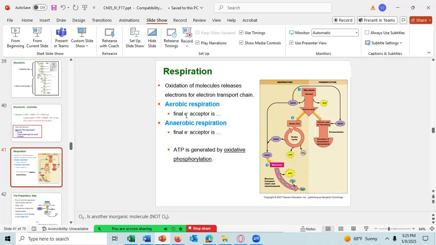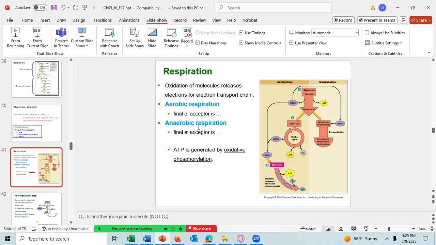In aerobic respiration, the final electron acceptor is oxygen, meaning the electrons from glucose flow to oxygen, and that's the last molecule to accept the electrons. Why it's called the final electron acceptor.